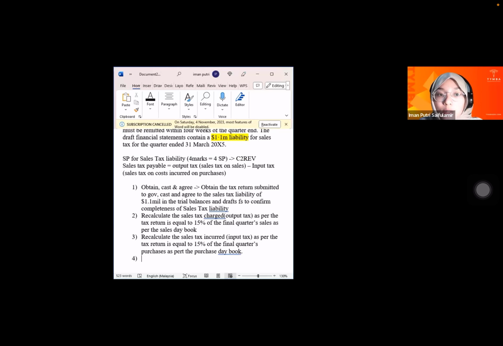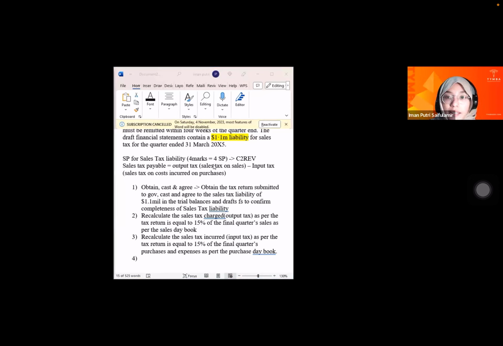Even though the sentence is almost the same, with purchases and expenses, it's more or less the same, but we are testing two different things. Right now, we are testing the valuation of the sales tax charged here, and then this is testing the valuation of the sales tax incurred.